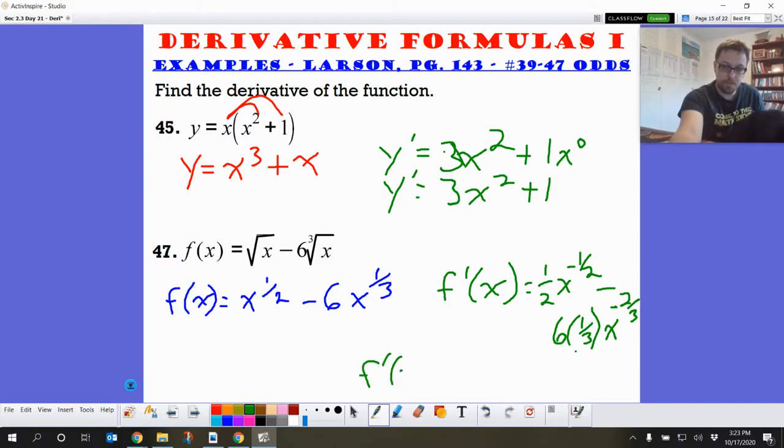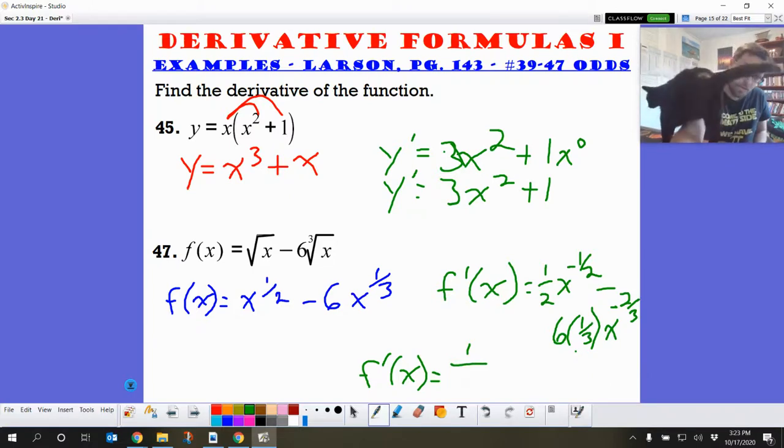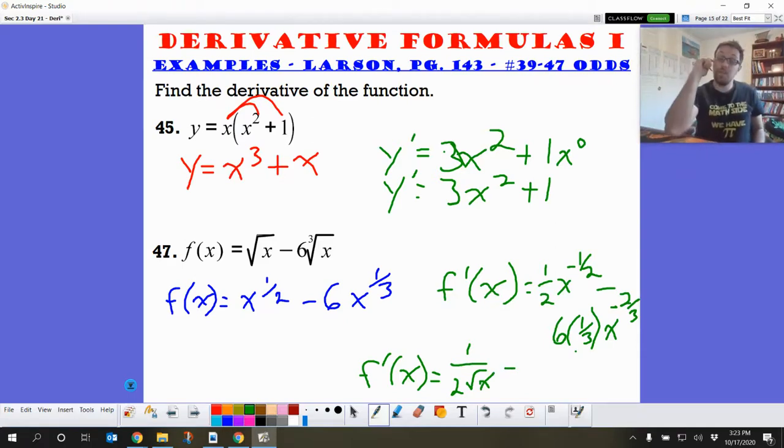So f prime of x equals, so that 1/2 x to the -1/2 has got to go into a denominator. So we're going to call that 2 square roots of x in the denominator, minus our 6 times 1/3. 1/3 of 6 is 2. Keep that up top. And that x to the -2/3 needs to go in the denominator. So we got the cube root of x squared.